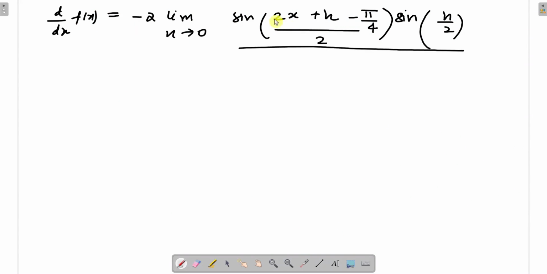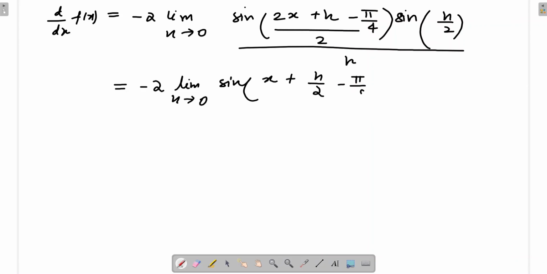and that is divided by h, okay, so minus 2 and limit h tends to 0, so sine of, here we can divide by 2, what will happen, you will get x plus h by 2 minus, if we divide by 2 for pi by 4 we will get pi by 8, right, and so sine of h by 2, and this is divided by h.